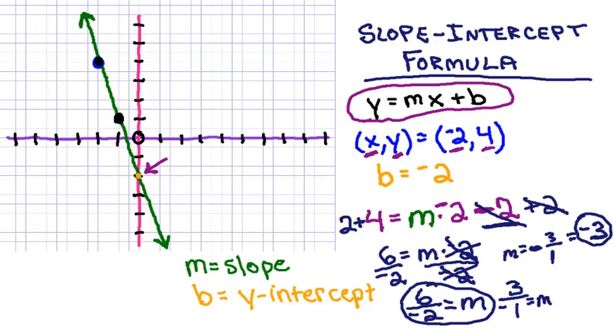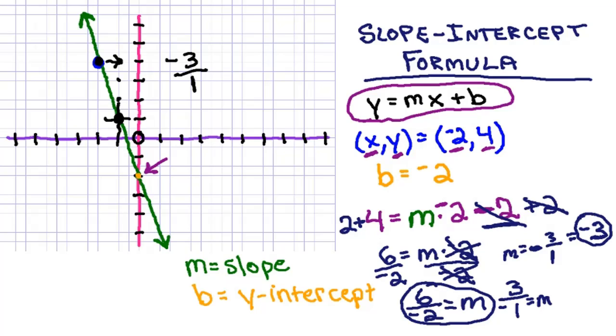We're going to count from the blue dot to the second dot. We count over 1, and then we count down 1, 2, 3. So your rise is going to be the negative 3, and your run is going to be the over 1.